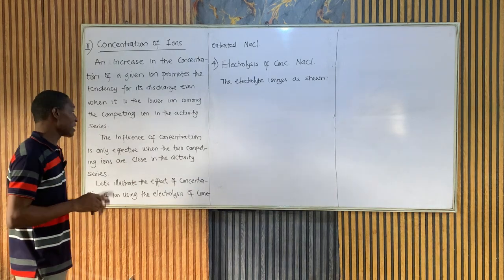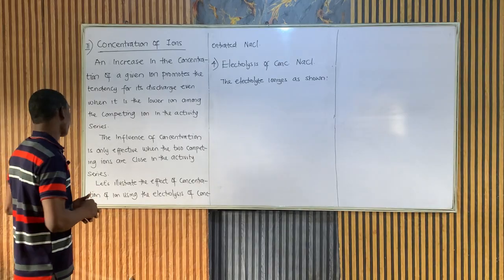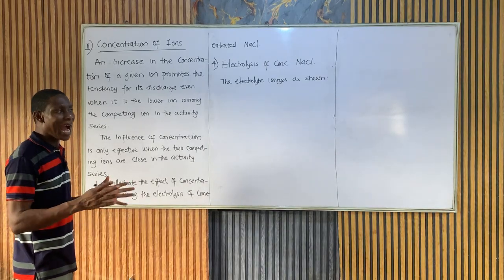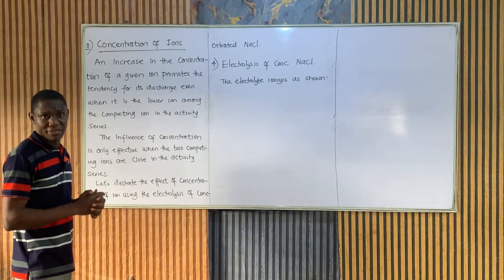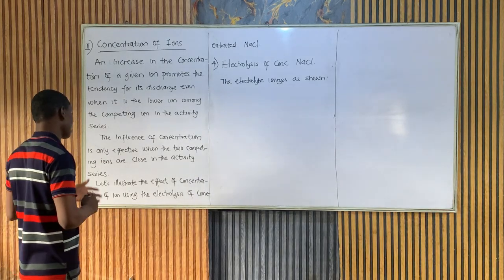But understand that the influence of concentration of an ion is only effective when the two competing ions are close in the activity series. I will explain what this means now.